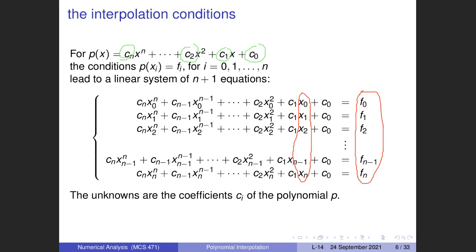So just knowing what the unknowns are. They are the coefficients, and the coefficients appear linearly in this system. So the interpolation conditions are linear conditions. So the key conclusion here of this slide is that this is a linear problem, a linear system.